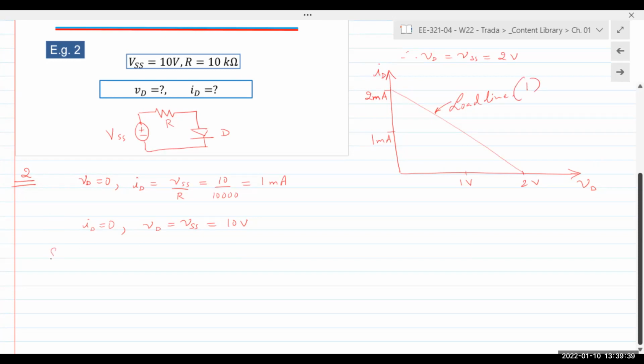Let's set VD is equal to 2 volts. Calculate ID from VSS, R and VD.